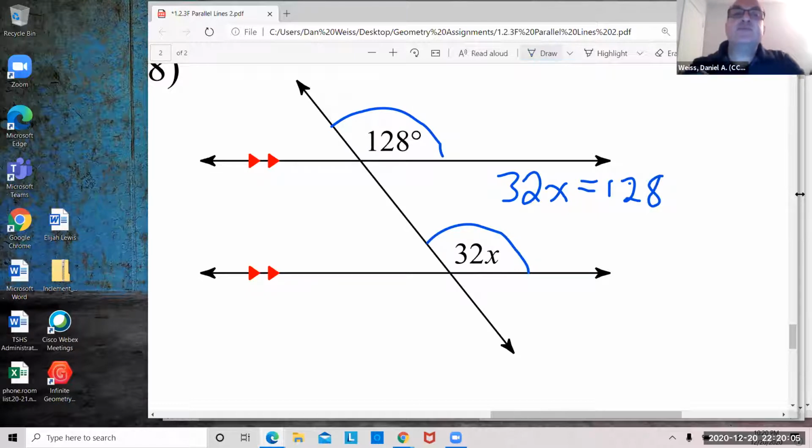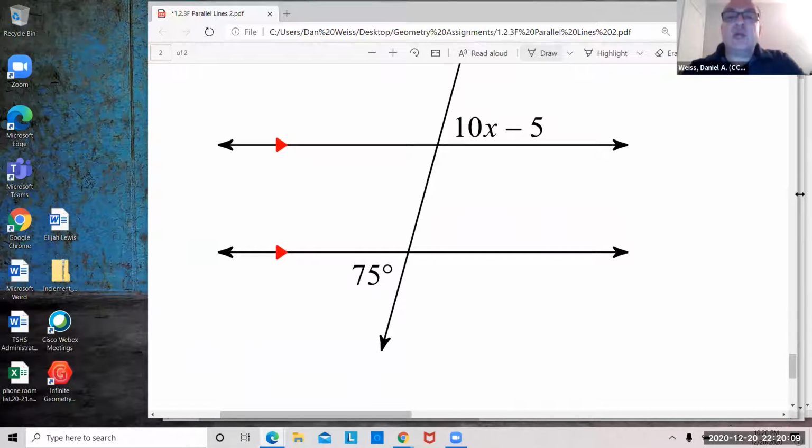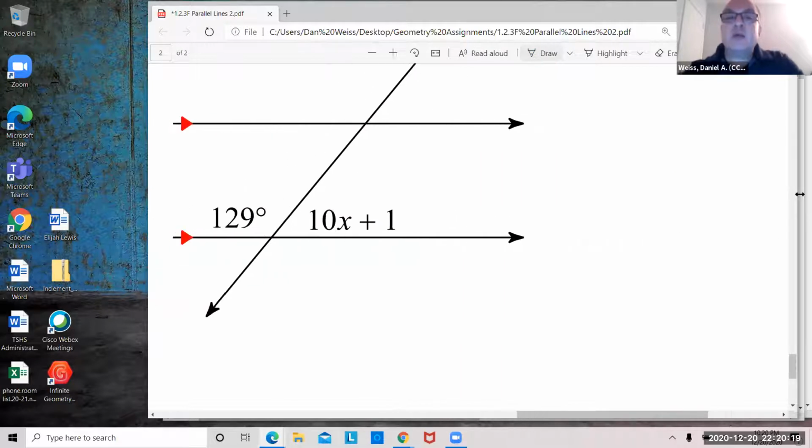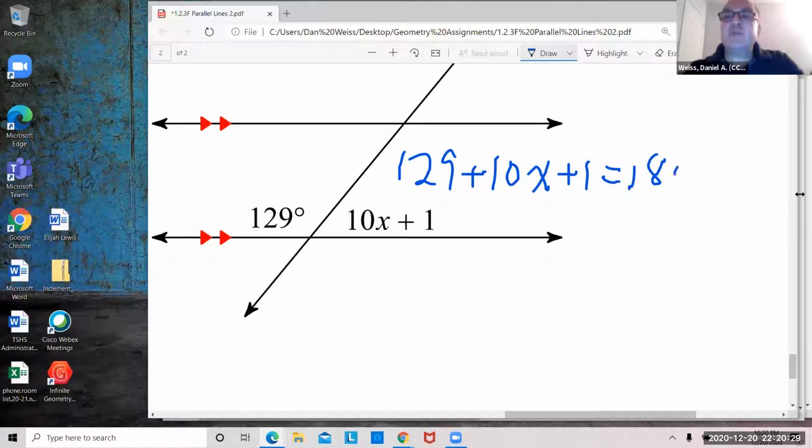Solve for x. These two are equal. 10x minus 5 equals 75. Solve for x. Here they add up to 180. 129 plus 10x plus 1 equals 180. Solve for x.